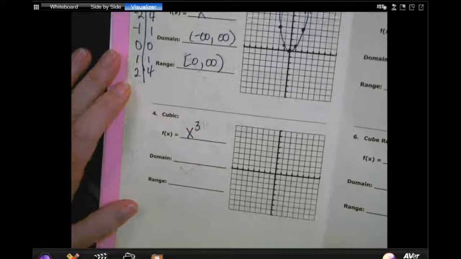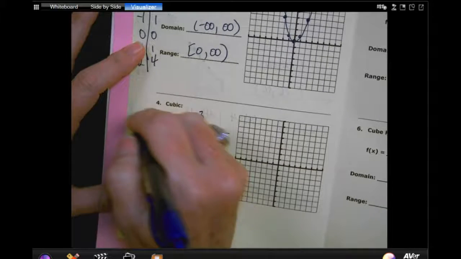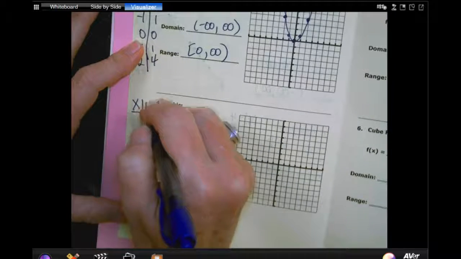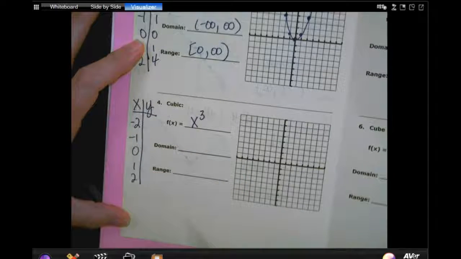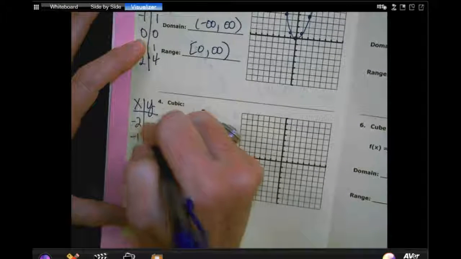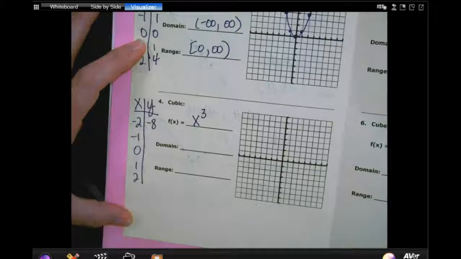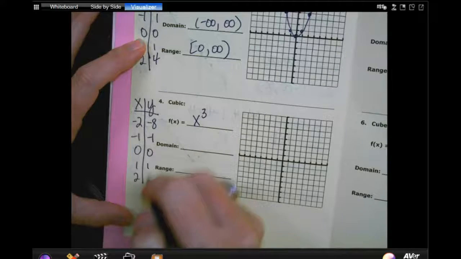So the cubic is x to the third. So if I made a t-chart, so -2 to the third power is -8. And -1 to the third power is -1. Then 0, 1, and 8.